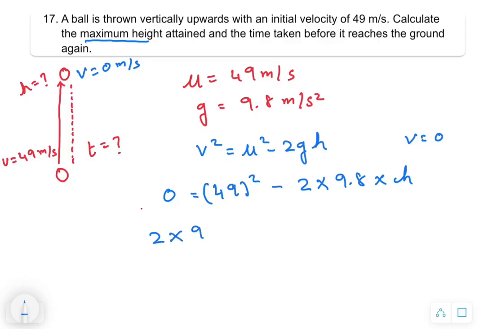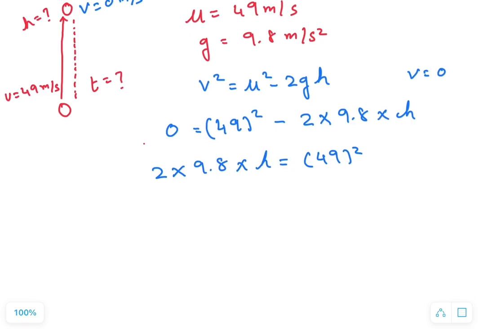So 2 multiplied by 9.8 multiplied by h is equal to 49 square. 9.8 multiplied by 2 would be 19.6 multiplied by h. This will be equal to square of 49.